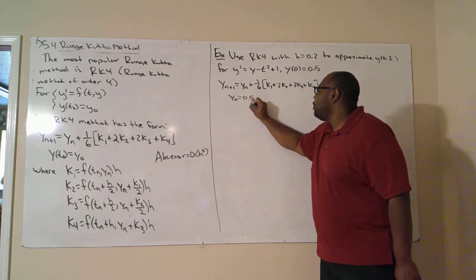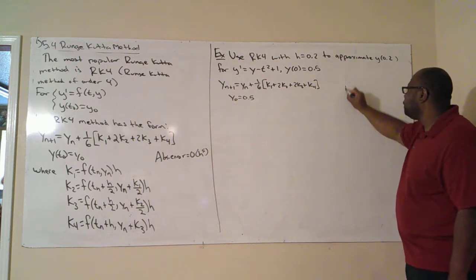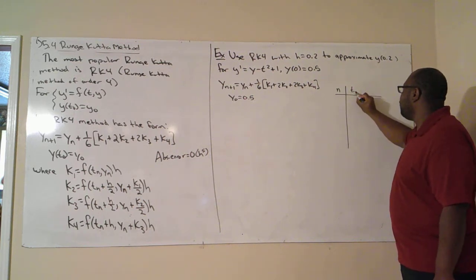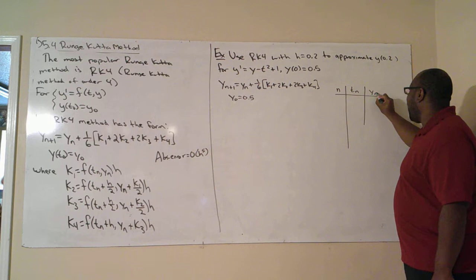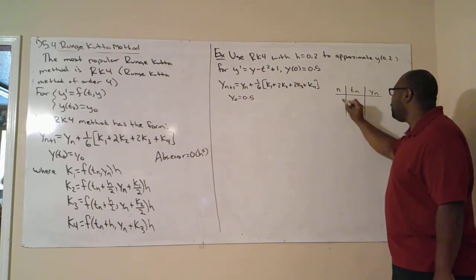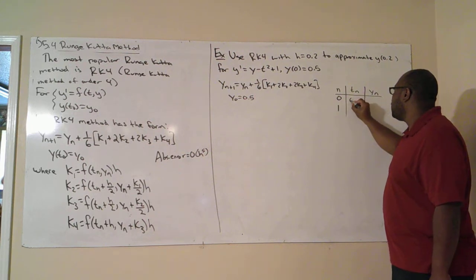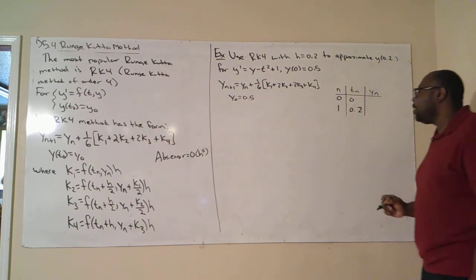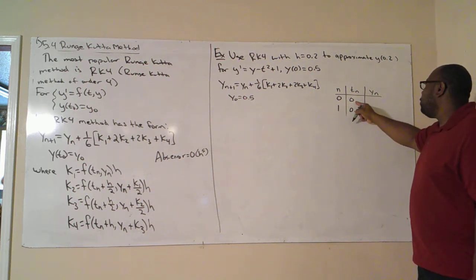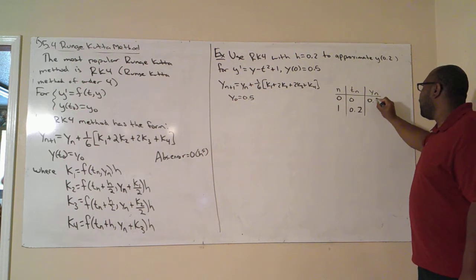That's our initial value of our differential equation. So we have n, t sub n, y sub n. I don't even need to have this table be very big because we're only going to compute one value. 0 and 1, this is 0, 0.5, 0.2 is what we're going to use here. Okay, and at t equal to 0, my function is 0.5.